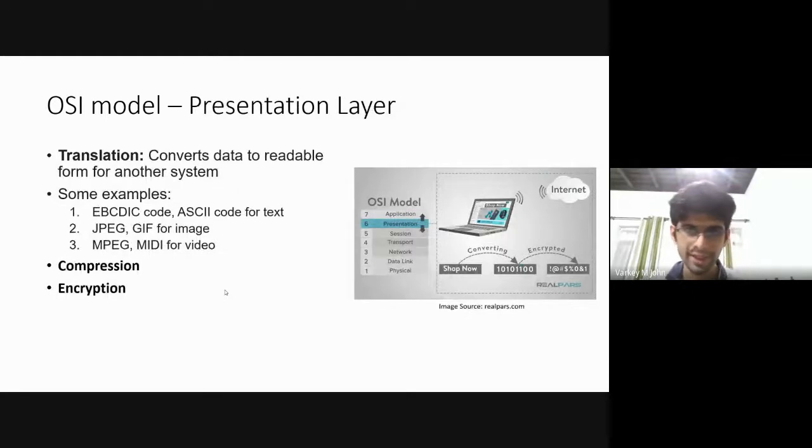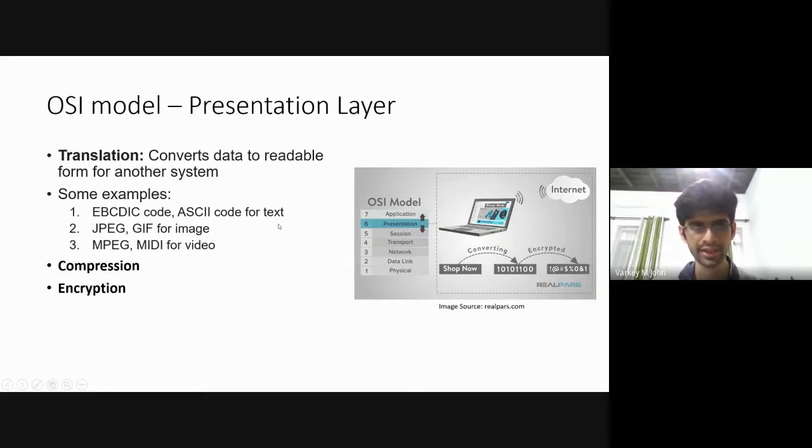The application layer gives that data to the presentation layer. The presentation layer will make sure that the remote host is able to read the data that you're sending. So it converts the data to a particular readable format. Let's say the application gives an EBCDIC code, but the remote host wants it in ASCII code. So it gets converted to ASCII code, like that.